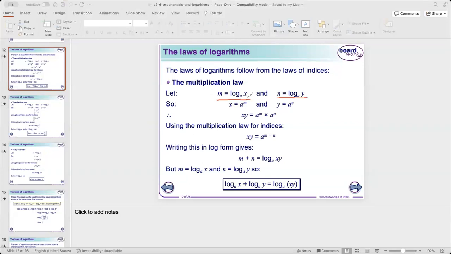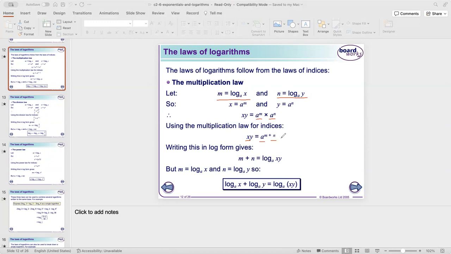So x will be equal to a to the power of m, and y equals a to the power of n. So when you say xy is equal to what? a to the power of m times a to the power of n. So can you see now? xy will be equal to a to the power of m plus n.